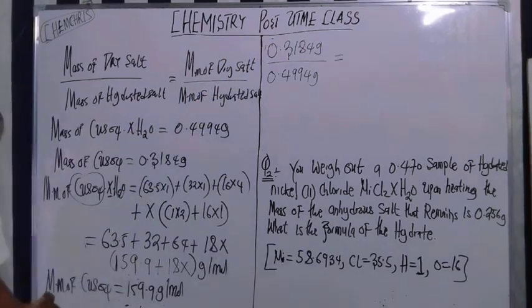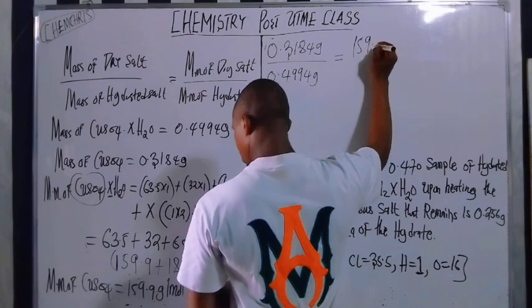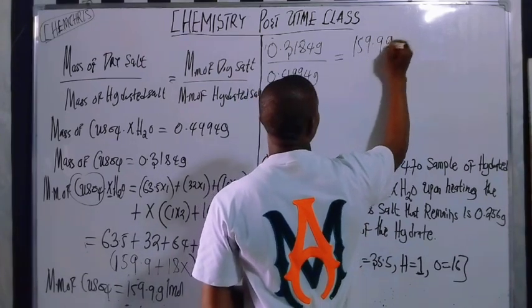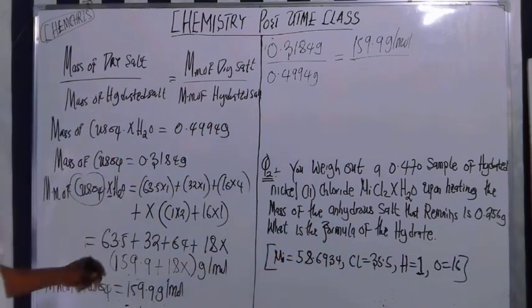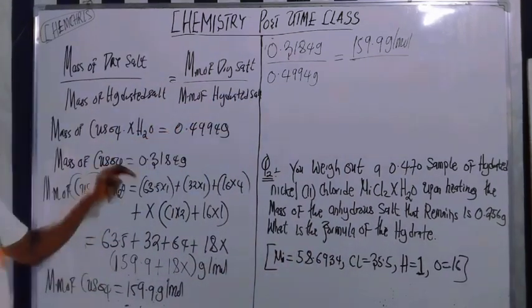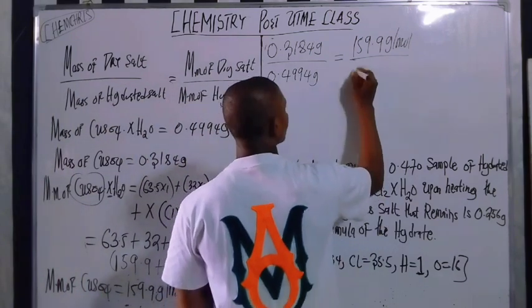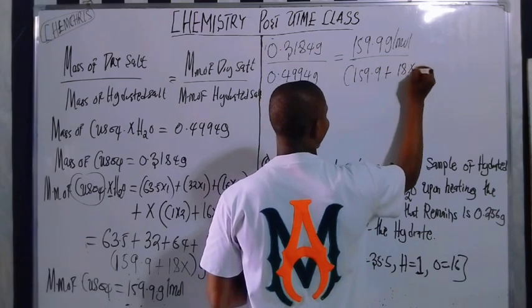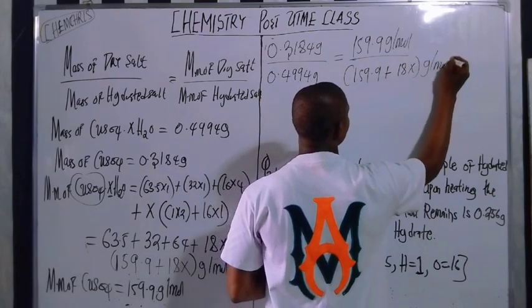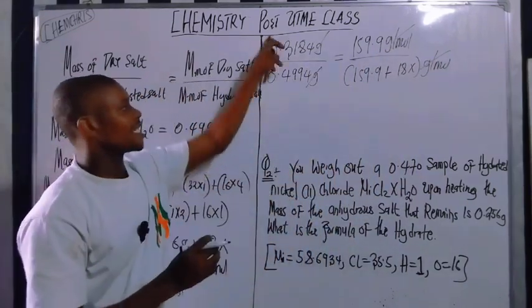So what's the molar mass of the dry salt, which was CuSO4? 159.9 gram per mole, over the molar mass of the hydrated salt, which is the whole of this one here. So here I have 159.9 plus 18X, gram per mole. So the idea here is that this is by this.